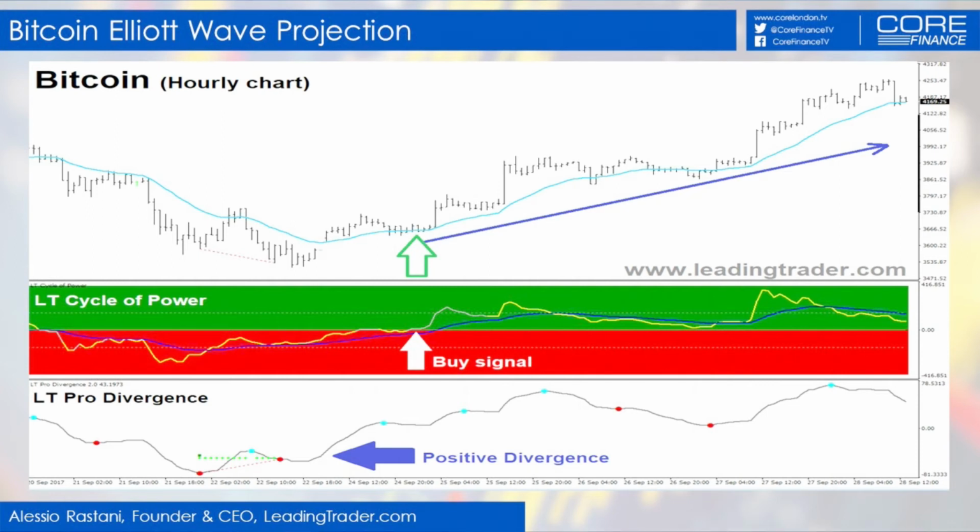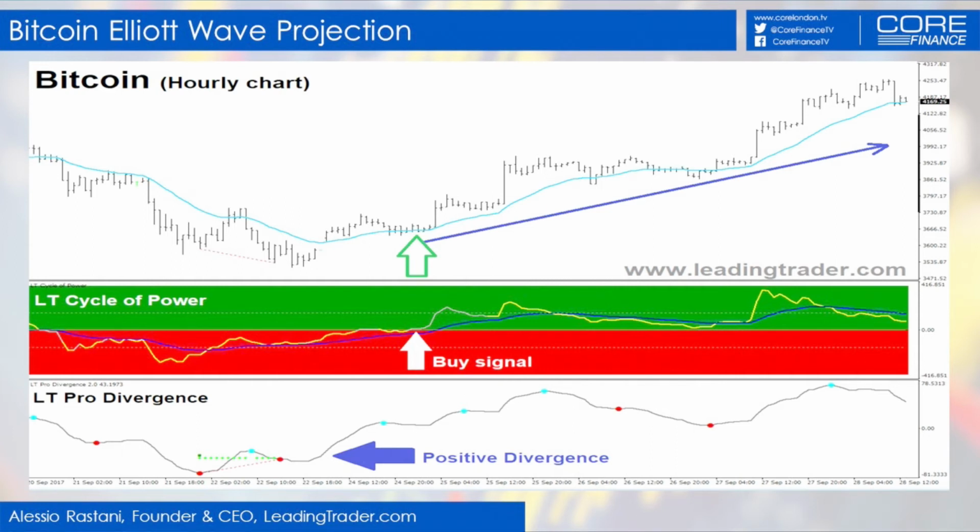This is one of our own indicators called pro-divergence, which shows the divergence signals on the chart. We had divergence on the 22nd of September. Then on this hourly chart, we had a signal based on one of our indicators called cycle of power, which is a very strong confirmation trigger signal.